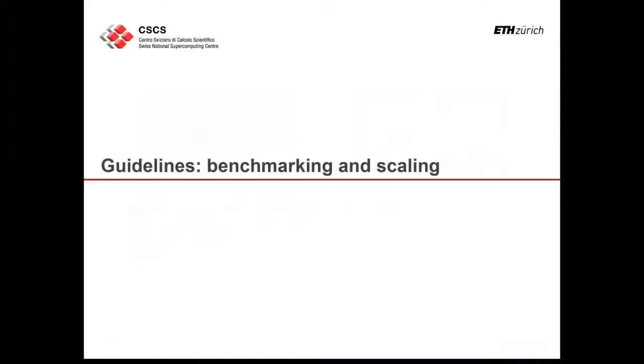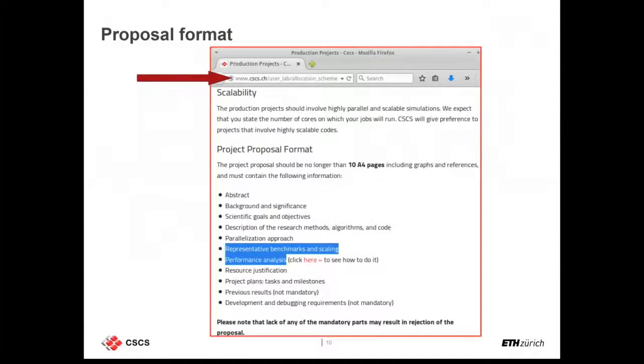Okay, guidelines: benchmarking and scaling. CSCS will give preference to projects that make use of highly scalable codes. So before submitting a proposal, you should start by collecting the data required for the technical review.